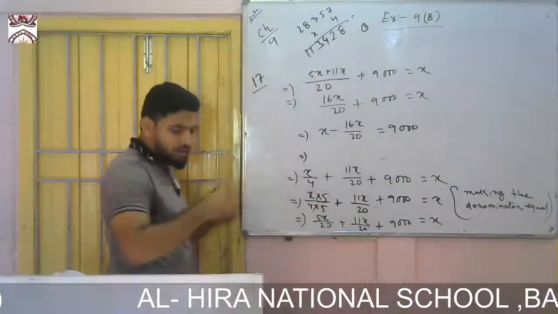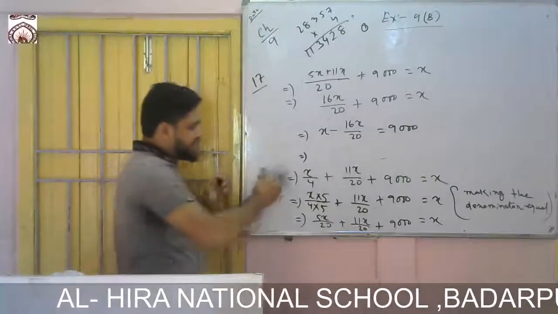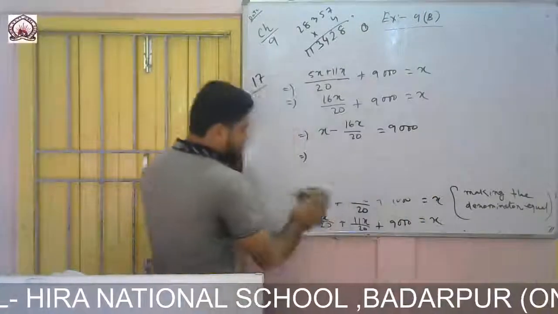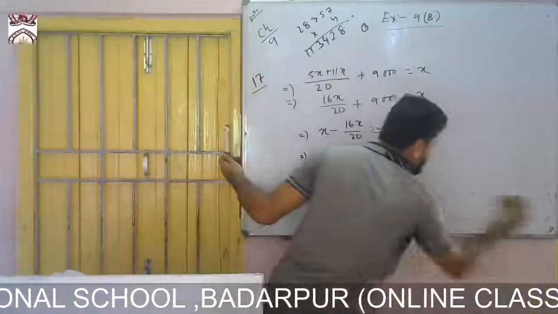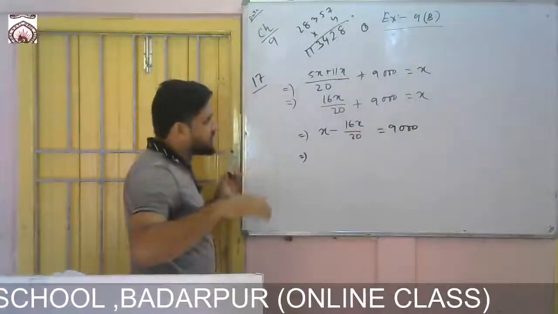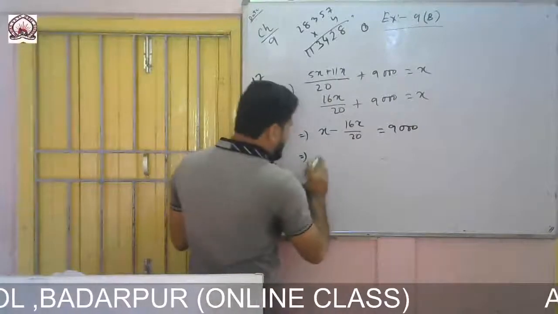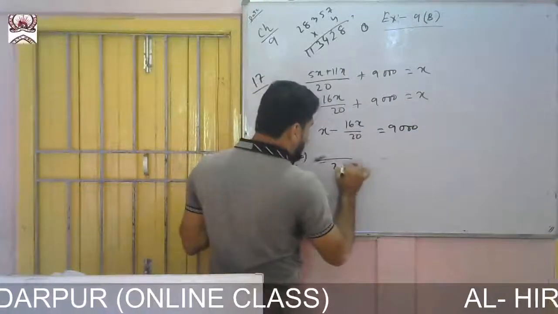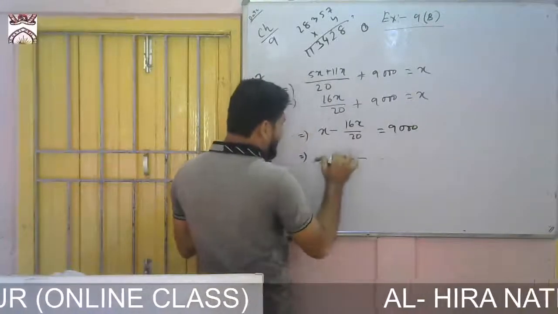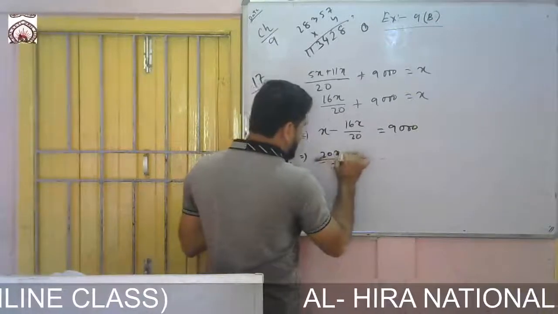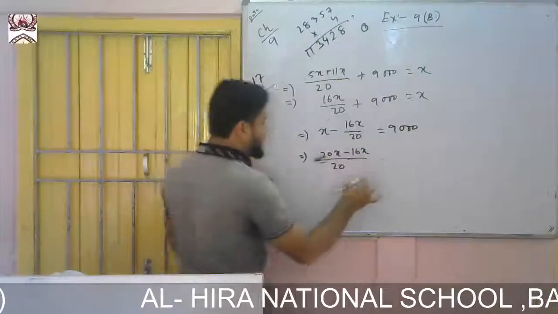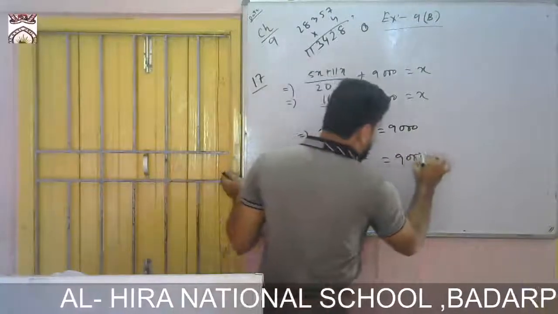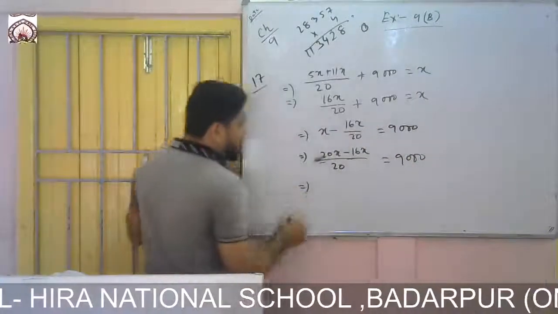Now you solve. Again, if you take the LCM, 20, then 20x minus 16x, 20 1s are 20, 1 into 16 is 16x, equals 9,000.